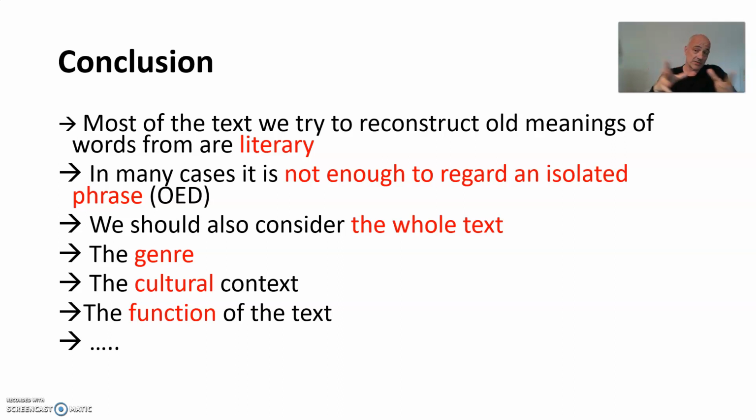But we have to do this because this is all we have, particularly for old texts. But bear in mind that there are problems. Most obviously, and I mentioned that, rhetorics, using oxymora, and so on.